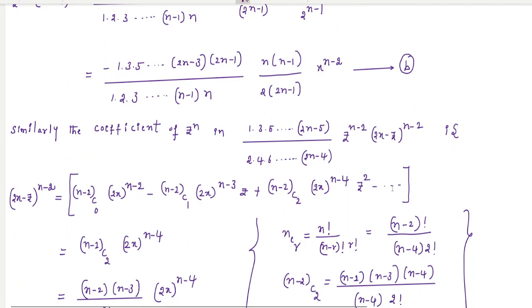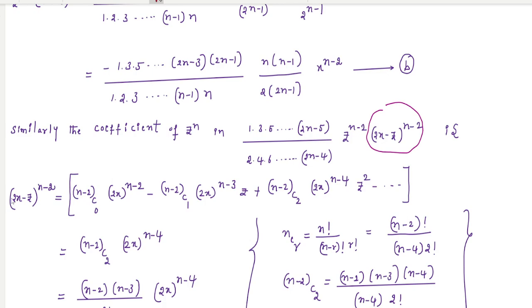Similarly, the next term in our expansion series is z power n minus 2, (2x minus z) power n minus 2. This term also you need to compare the z power n coefficient. For that, first you need to take this value. Okay, similar thing, right? Each and every step we are doing the same process. First you take this value, then expand using the Taylor series formula, (1 minus x) whole power n.